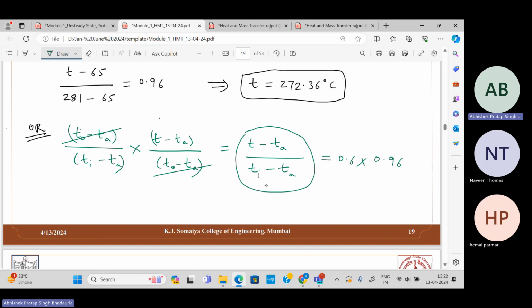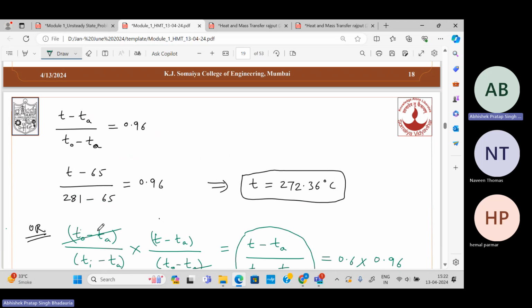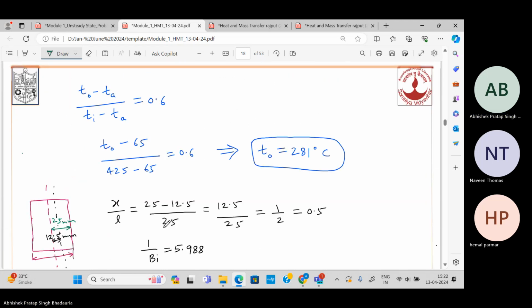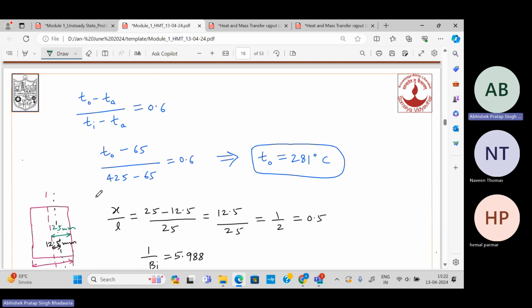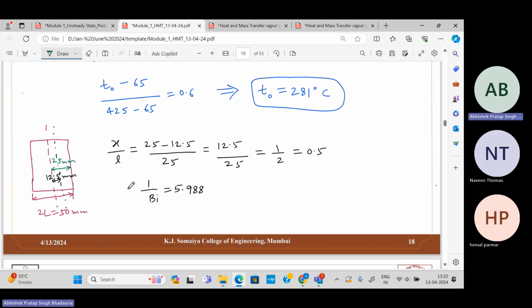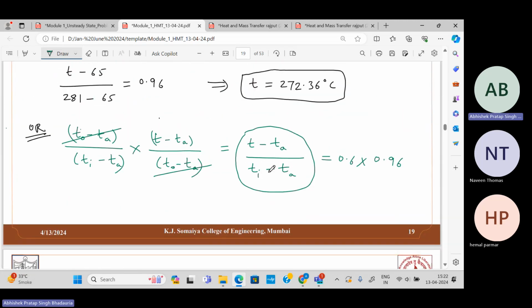Ti is also known to us, Ti is 425. So we have all the values. We'll put all the values in this expression, and then we can directly find the value of T. So here also we will get the value of T as 272.36 degrees Celsius.